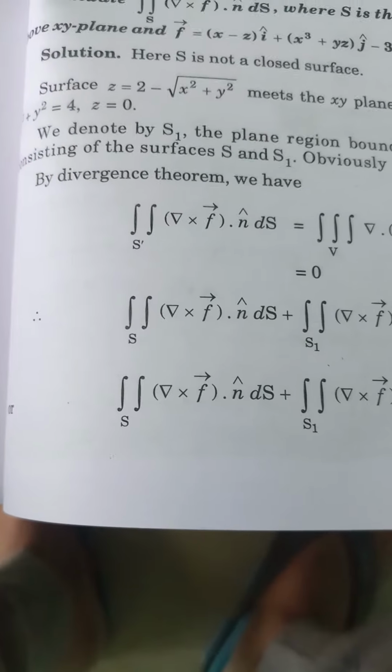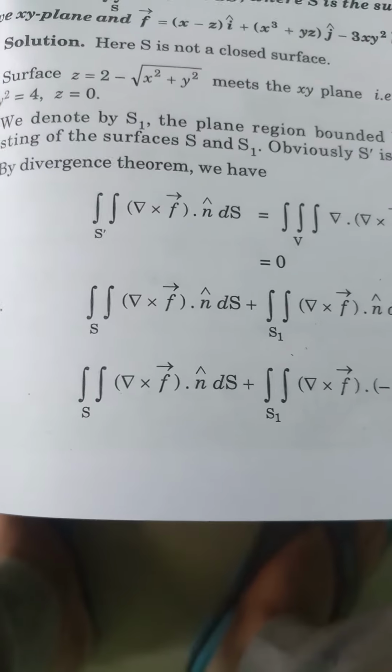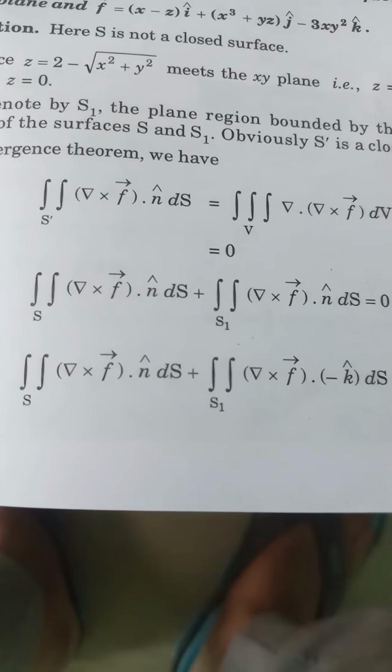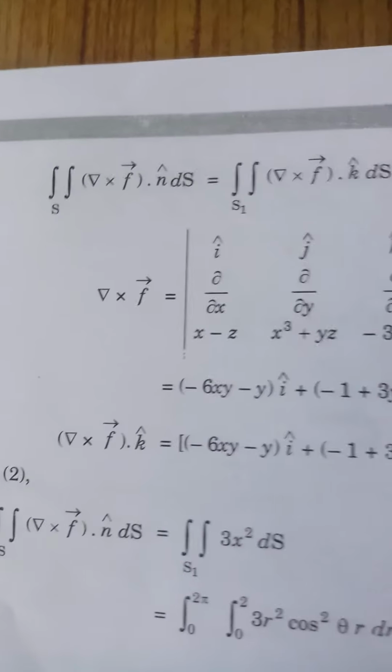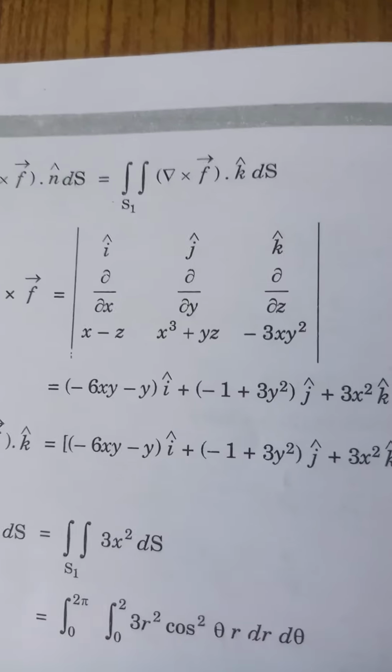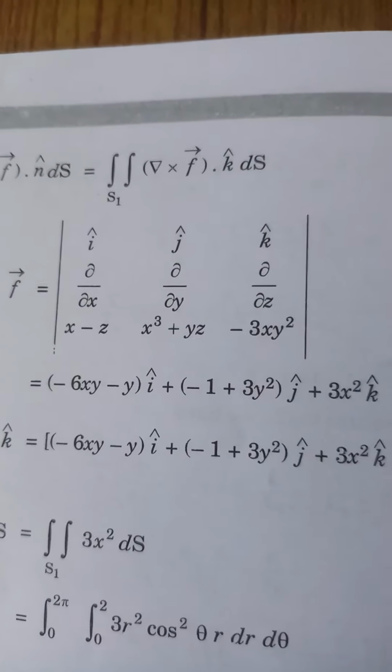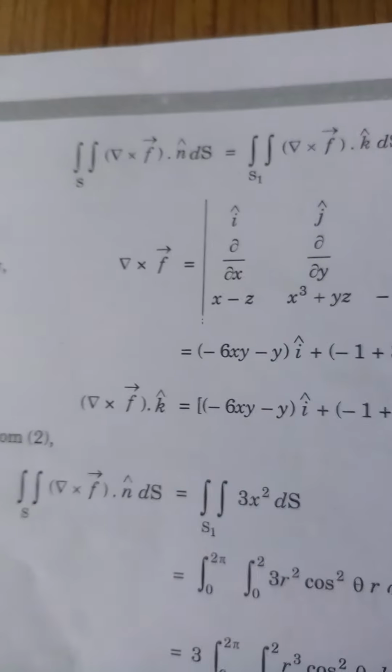Or the double integral over S of curl f dot n ds plus the double integral over S1 of curl f dot minus k ds equals 0. Or the double integral over S of curl f dot n ds equals the double integral over S1 of curl f dot k ds.